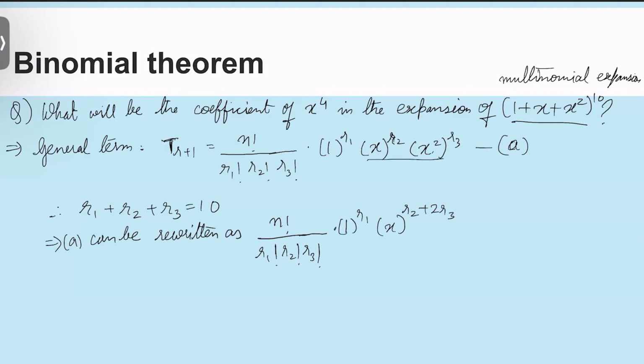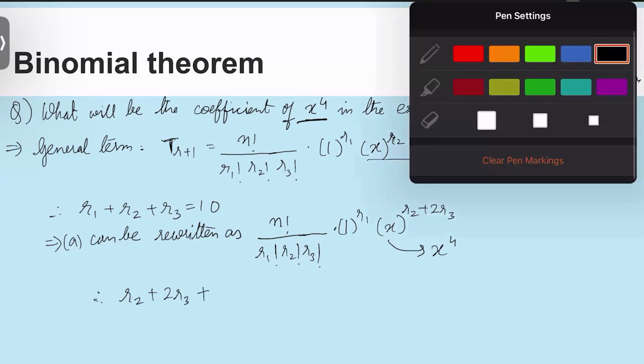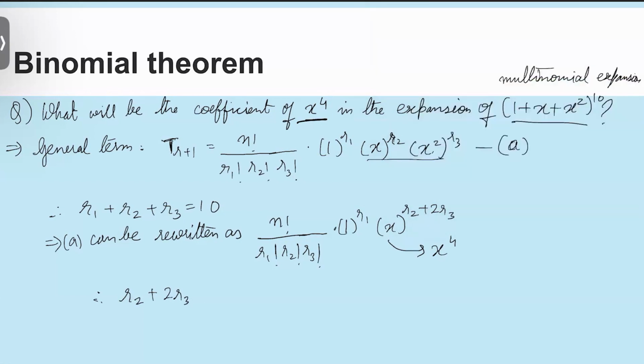Now, in the question, we are being asked to find the coefficient of x raised to 4. So if we want to find x raised to 4, this has to correspond to x raised to 4. Therefore, for the required sum, we need to get r2 plus 2r3 equal to 4.